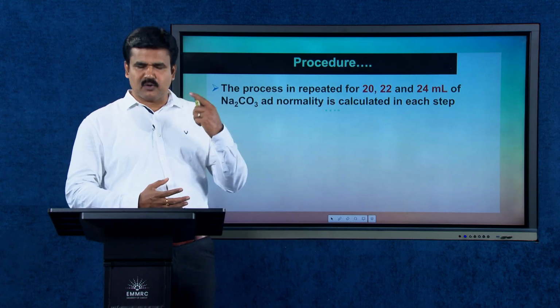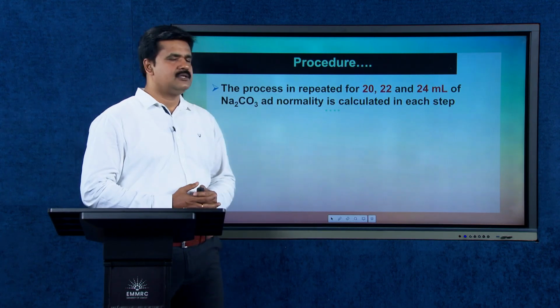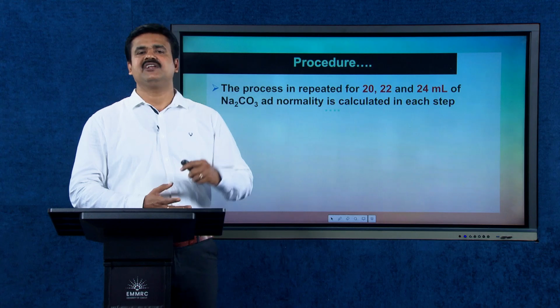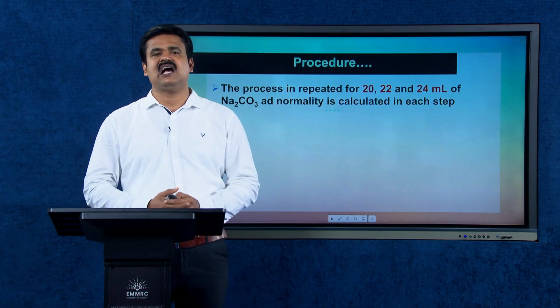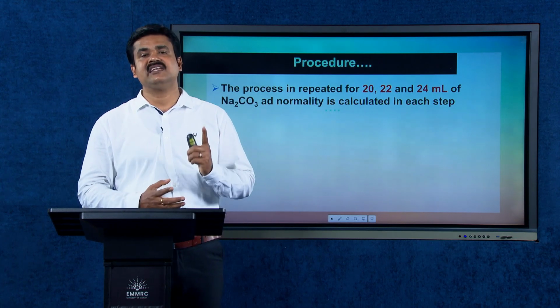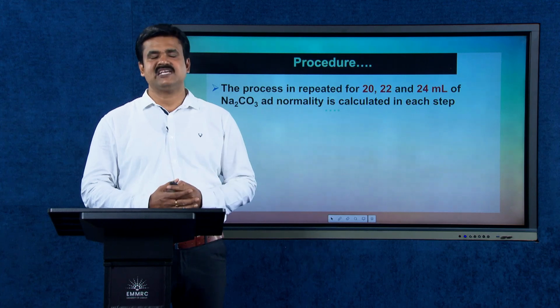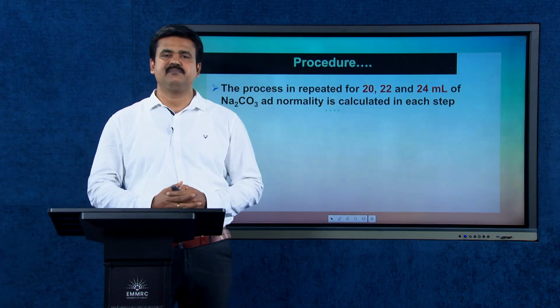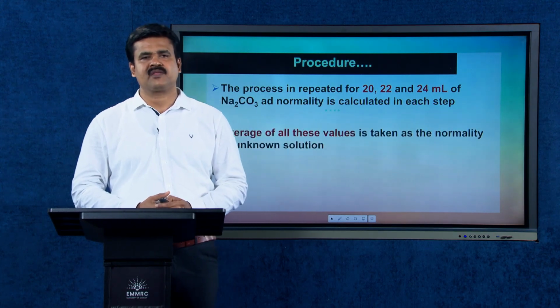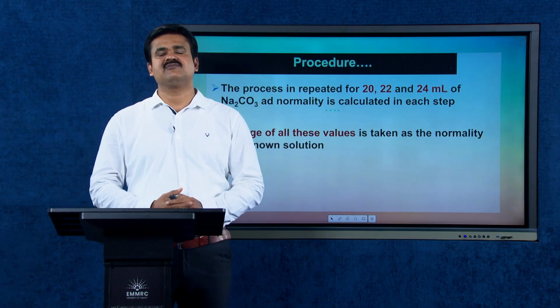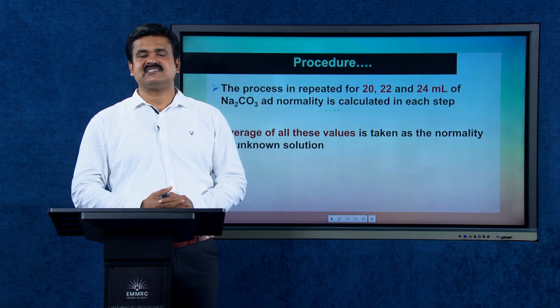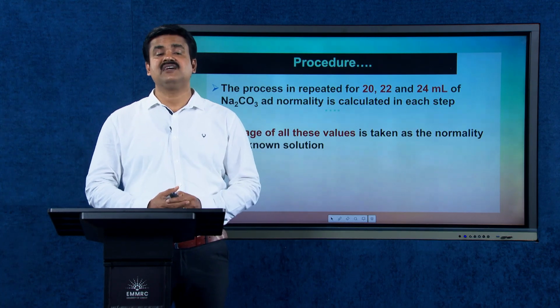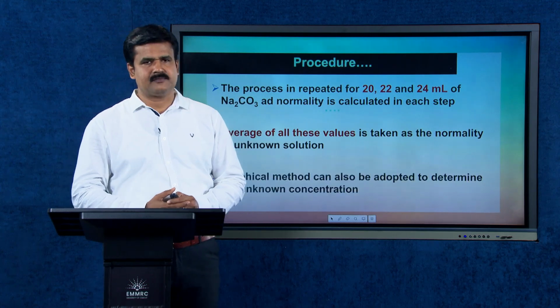Now, the process is repeated with 20 ml, 22 ml and 24 ml of sodium carbonate, and normality is calculated in each step by using the same expression as in the previous calculation. The average of all these values of normality is taken as the normality of the unknown HCl solution.